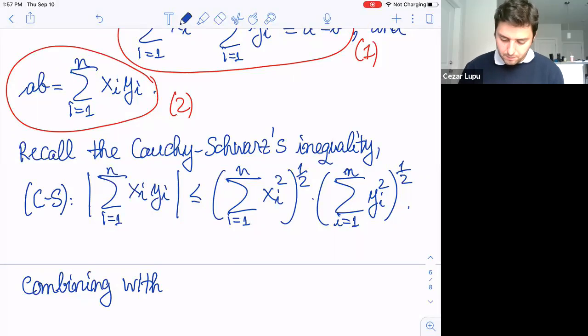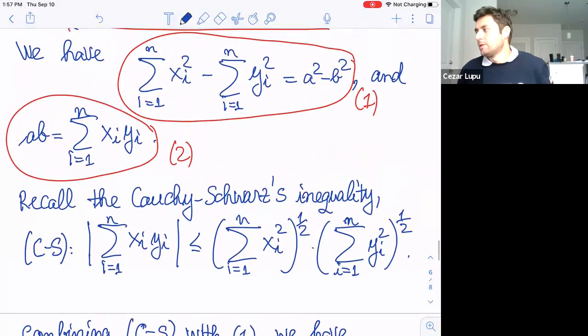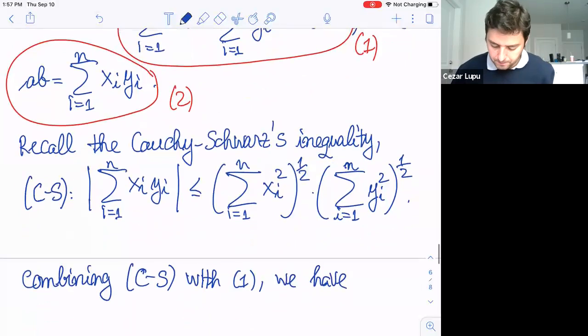Now let's combine CS with 1. Actually, not with 1, with 2, sorry.